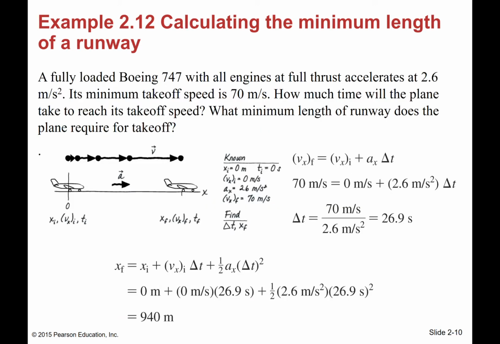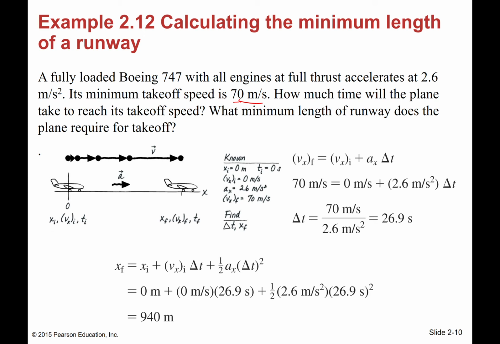We have a Boeing 747 that accelerates at 2.6 meters per second squared, and it needs to have a velocity of 70 meters per second to take off. How much time does it take to reach this speed of 70 meters per second, and what is the minimum length of a runway that the plane needs?